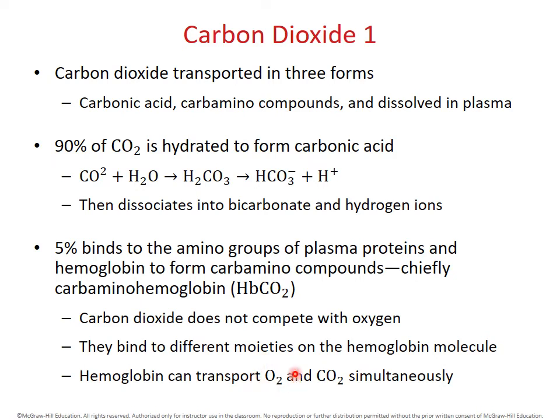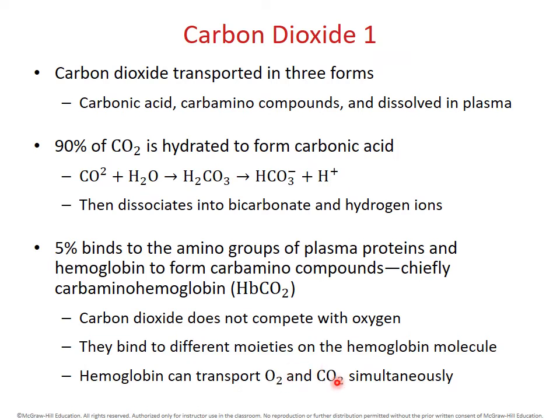Usually, it carries one or the other, and as it turns out, the more oxygen a hemoglobin molecule picks up, the less likely it is to bind to a carbon dioxide. And conversely, the less saturated a hemoglobin molecule is with oxygen, the more likely it is to bind to CO2.